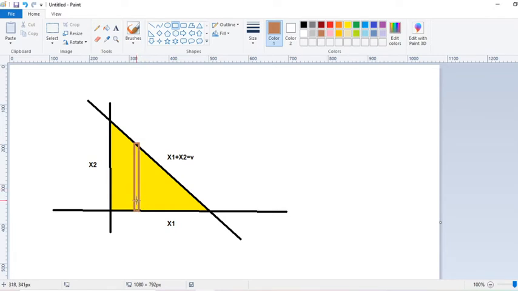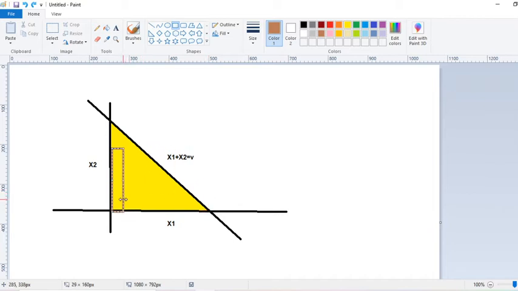You can move this lamina. First of all, we can integrate with respect to x2 from here to here. After that we can move this lamina to another region, from 0 to v. x1 can be moved from 0 to v.